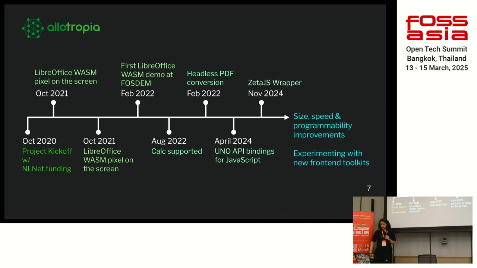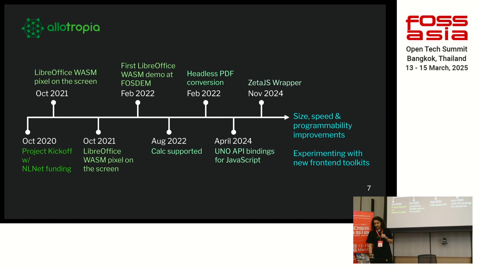Around a year later, we got the first LibreOffice WebAssembly pixel on the screen. Then we got everything done throughout the point here and there. We got the Calc support. At first it was only Writer, then Calc, which is a spreadsheet editor, got the support. Then we got to have this PDF conversion working, so you don't need to use the UI at all.